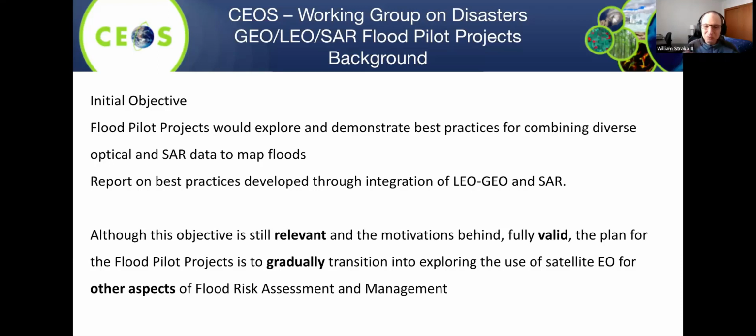Although this is still a relevant objective, the motivation behind this is to gradually transition exploring the use of satellite Earth observing data to other aspects of flood risk assessment and management.